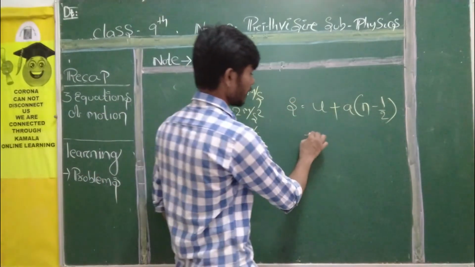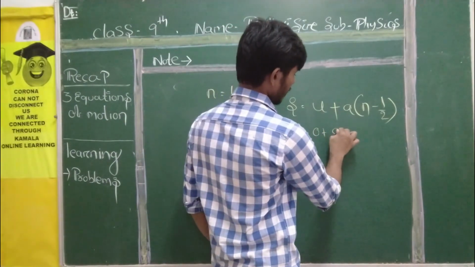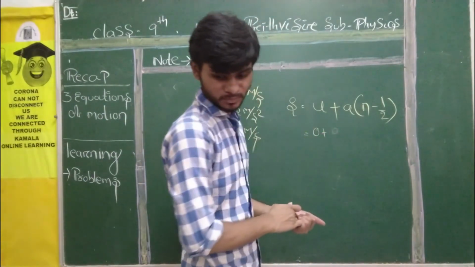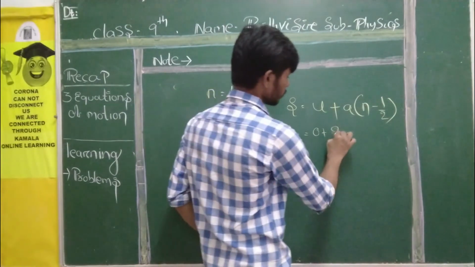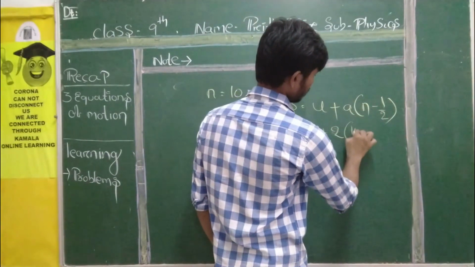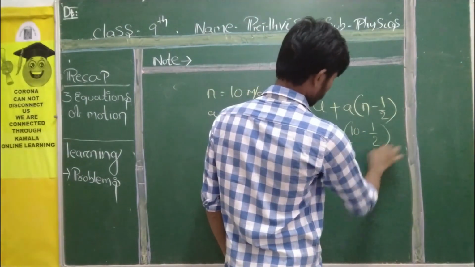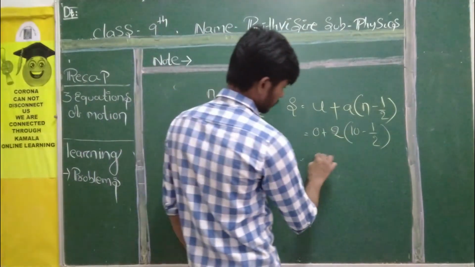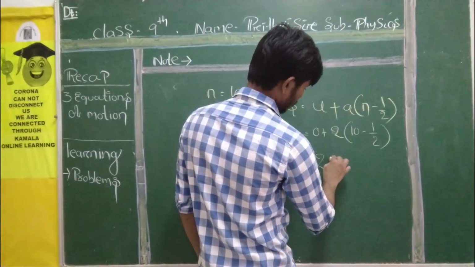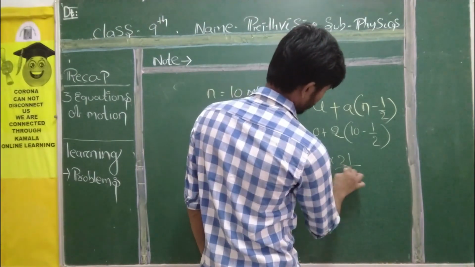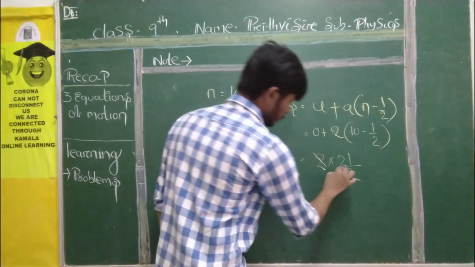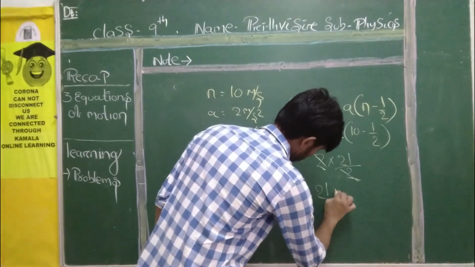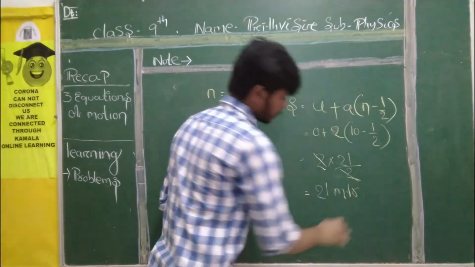Here you will get 0 plus acceleration, which is equal to 2, then n is equal to 10, minus 1 by 2. Then 2 multiplied by 21 by 2. This would be your answer.